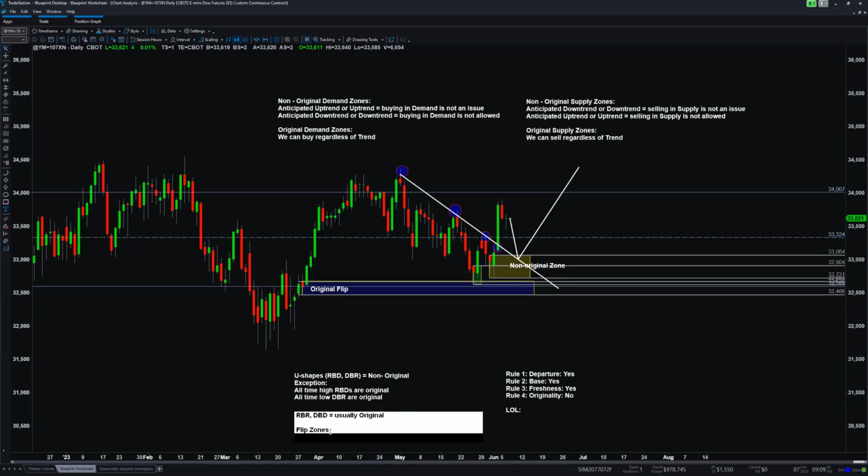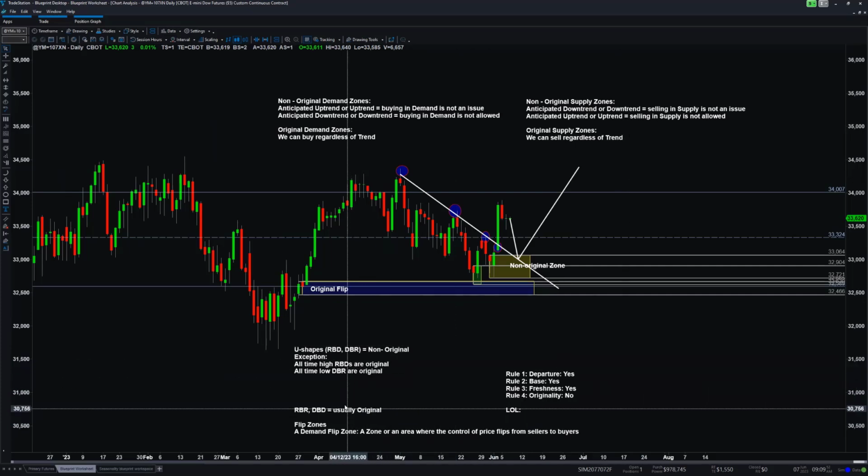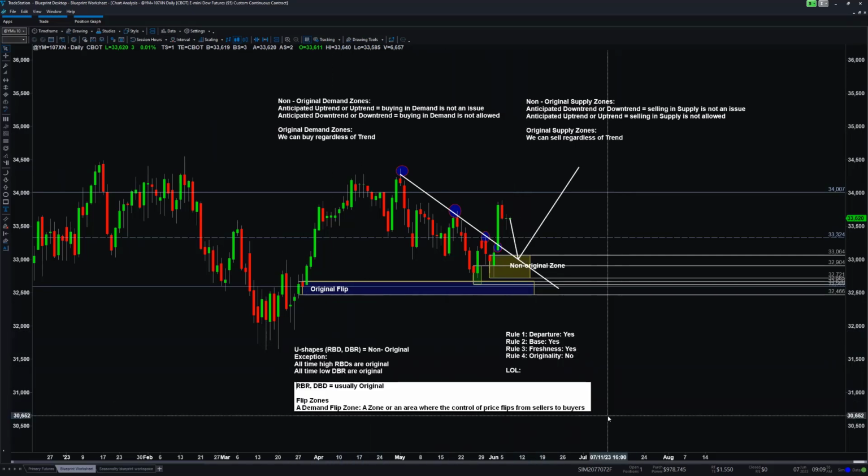A demand flip zone is a zone or an area where the control of price flips from sellers to buyers, and a supply flip zone is a zone or an area where the control of price flips from buyers to sellers.